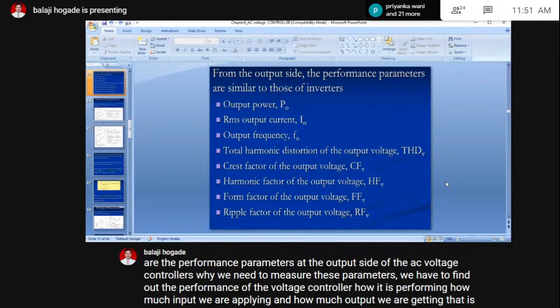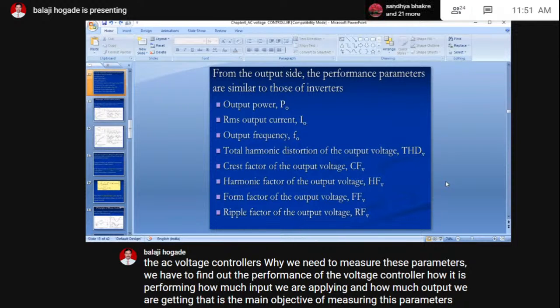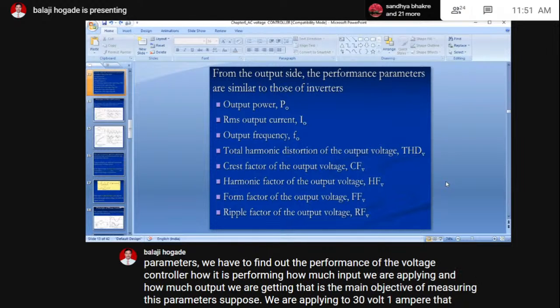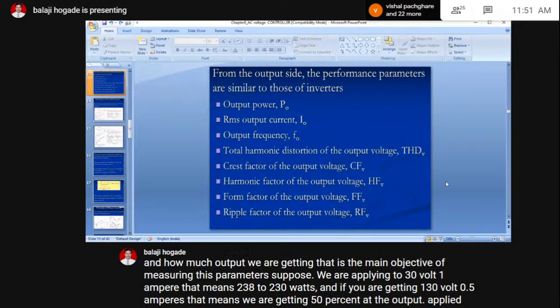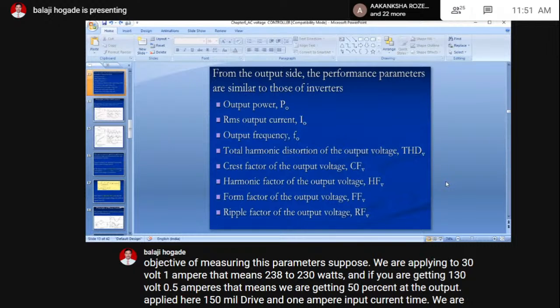Suppose we are applying 230 volt 1 ampere, that means 230 watts, and if you are getting 115 volt 0.5 amperes, that means we are getting 50% at the output. 230 volt applied, 115 is coming, and 1 ampere input current, we are getting 0.5 ampere at the output. 50% loss हो गया.